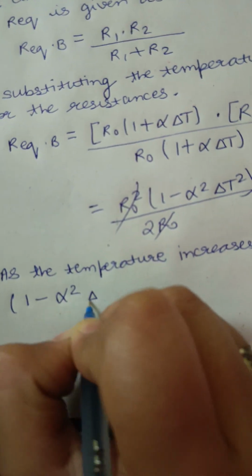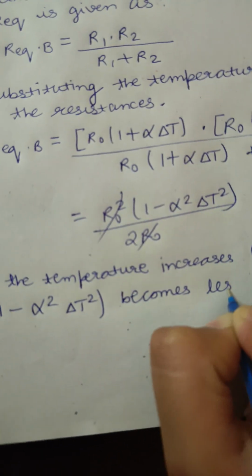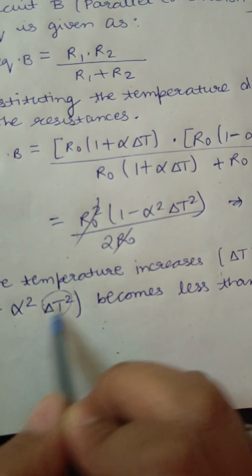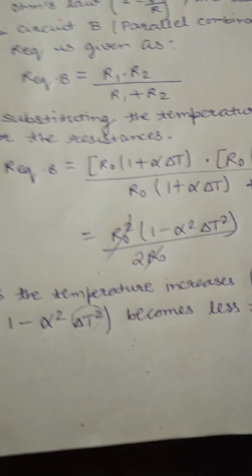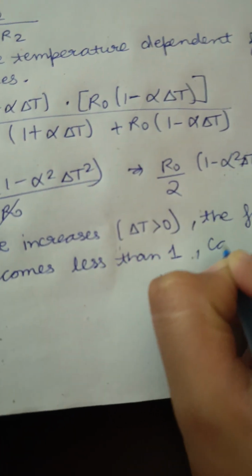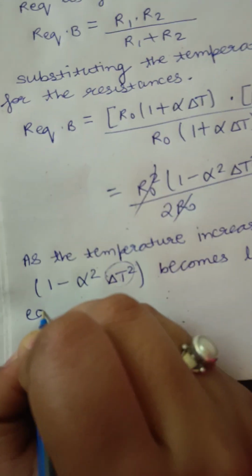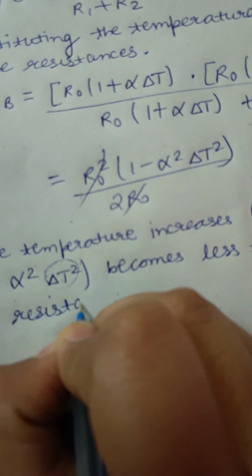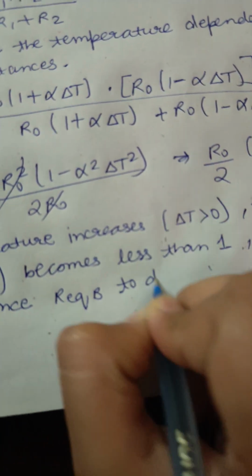So the factor 1 minus alpha square delta T square becomes less than 1, because something squared that is increasing makes the factor smaller, causing the equivalent resistance R equivalent B to decrease.